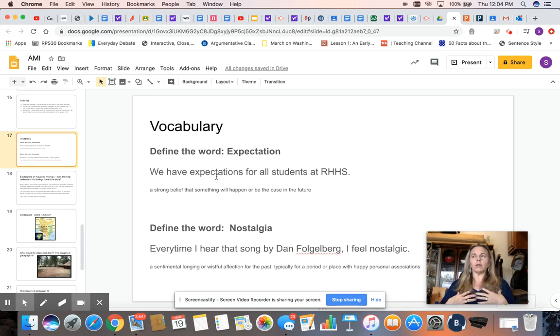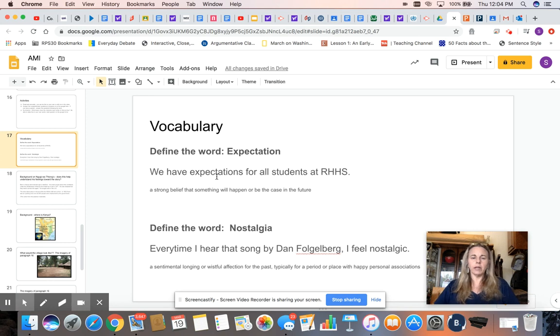Like when people have expectations of you, that means that they're trusting that you're going to be able to perform. So that's a compliment. But sometimes we have some negative connotations with the word expectation because they can be stressful. They can be high. They can be demanding, and so sometimes that word kind of frightens us. But you're tough. You can handle it.